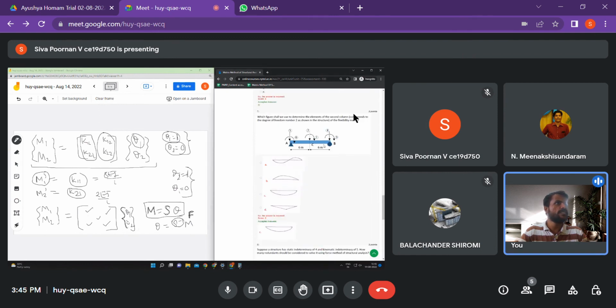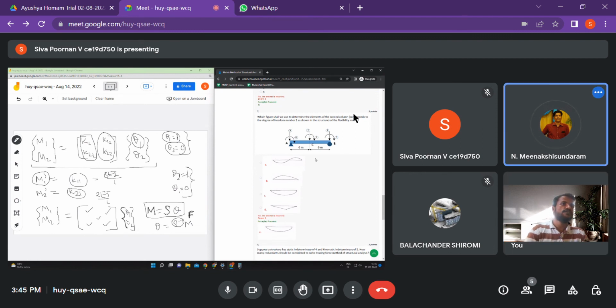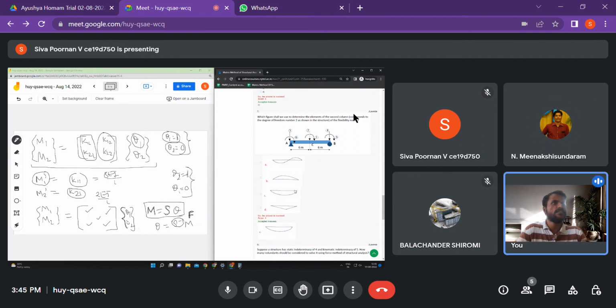So we would probably expect C as the shape that we would keep to find out the flexibility matrix. Actually, I would also keep the degrees of freedom corresponding to 6 and 3 to be 0, right? If I make them 0, then there should be 0 slope at these 2 points.